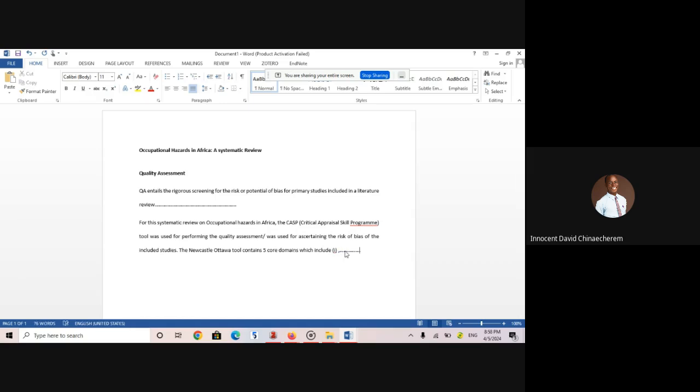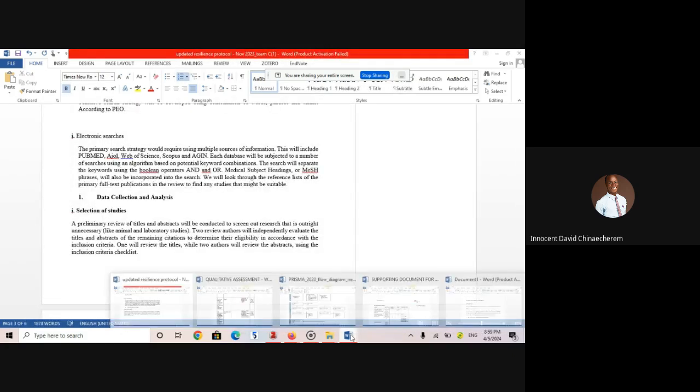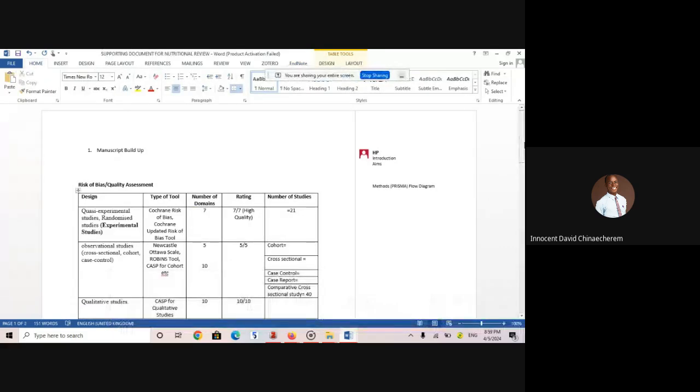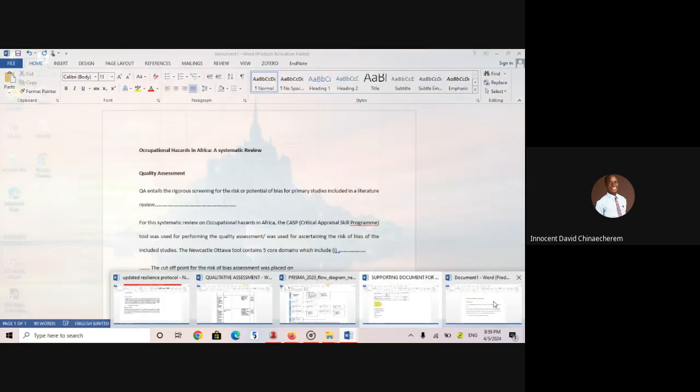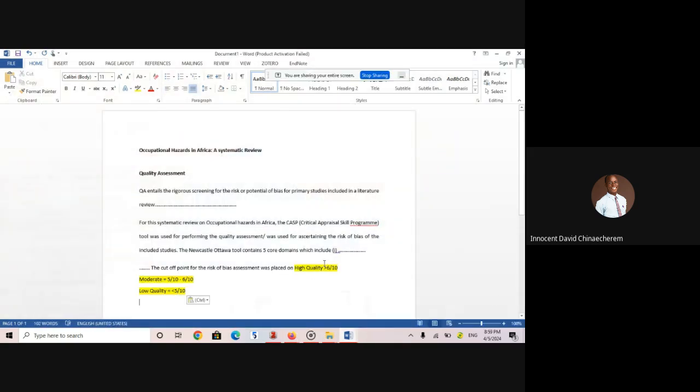I'm going to list them, then I will say that the cutoff point for the risk of bias assessment was placed on, as I explained here.